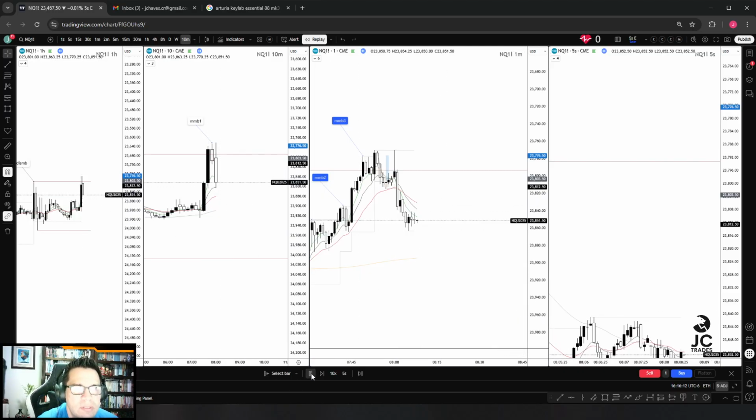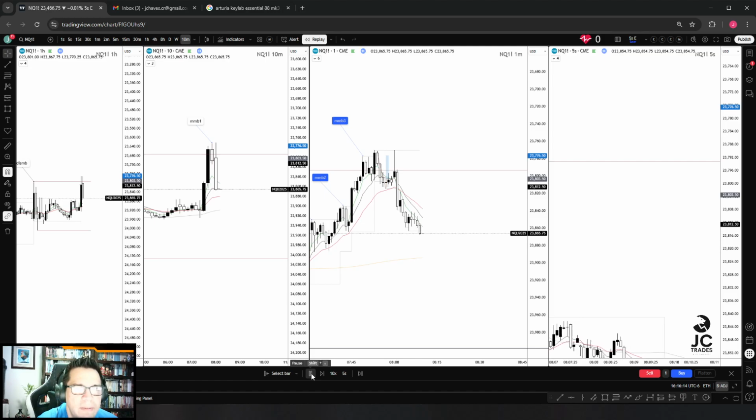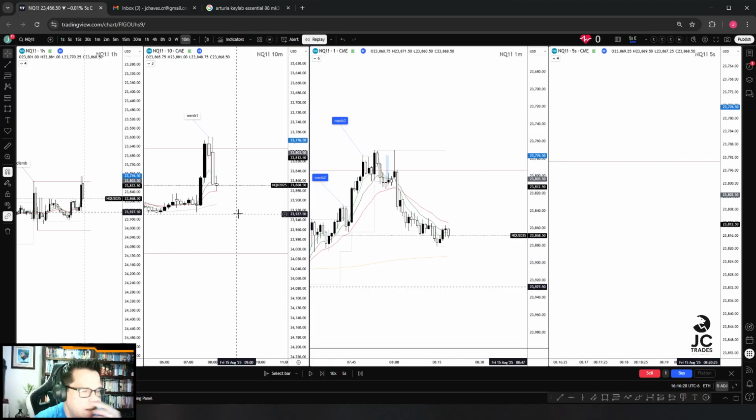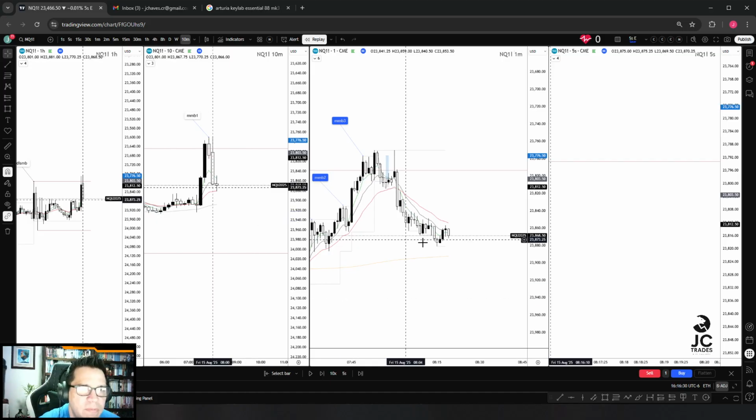Let's see if there's some sort of reaction from there. Some sort of stage one build-up. So it seems we're still going to the upside. We get a touch of the 20 here on the context time frame.